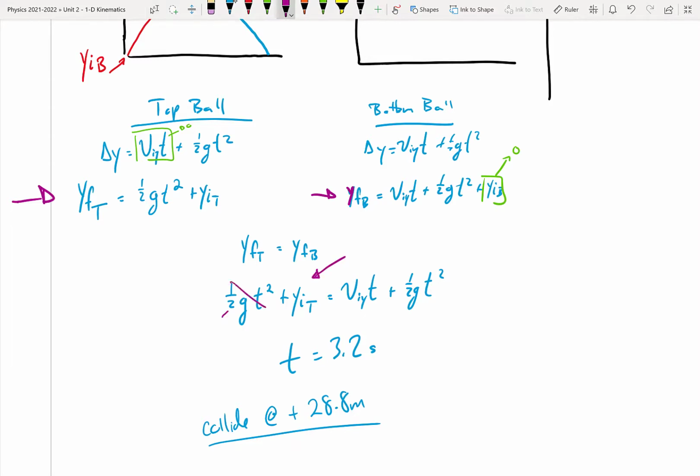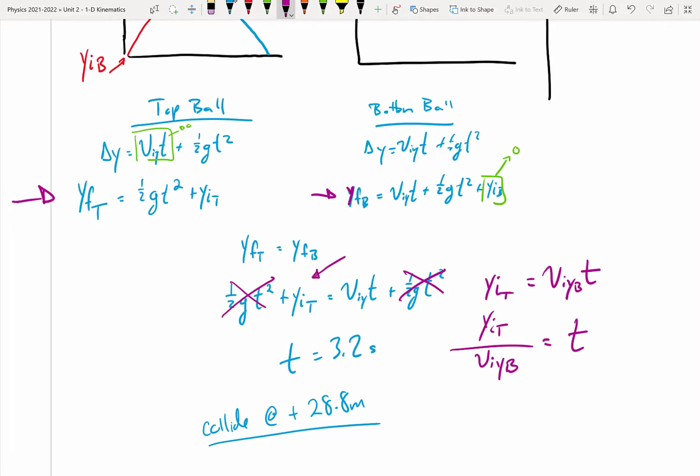Check out my 1/2 g t squareds, they just go away. So really this is all you need to know, which is pretty cool, I think, because all you need to know is the height that the first one is dropped from, and the velocity of the bottom one, to figure out how long it takes before they collide.